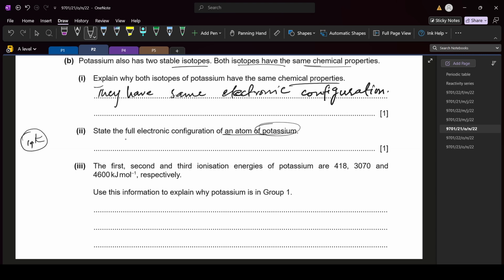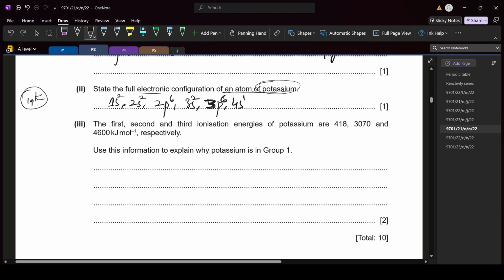Now write the full electronic configuration: 1s2, then 2s2, 2p6, 3s2, then 3p6, then you have 4s1. So this is the full electronic configuration of a potassium atom.